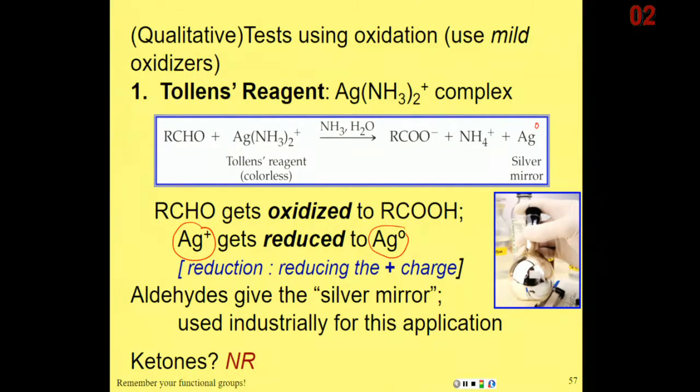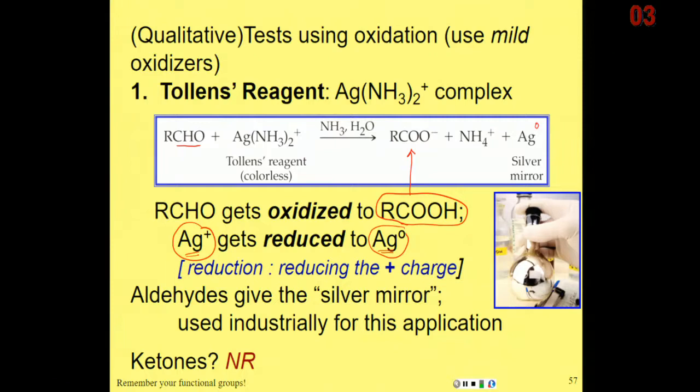The aldehyde, at the same time, is going to get oxidized because it's a mild oxidizing agent. And when it oxidizes, it's going to turn into a carboxylic acid, but it's going to be represented in the form of its ion, the conjugate base of it, but it's still a carboxylic acid in an ionized form. So the carboxylic acid results from the oxidation of the aldehyde, while at the same time the silver ion becomes reduced to silver metal.